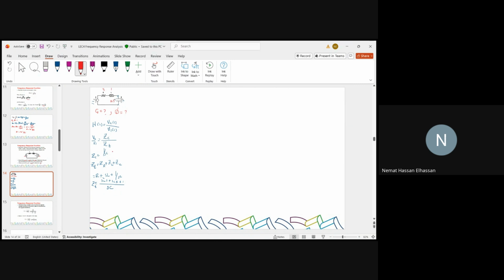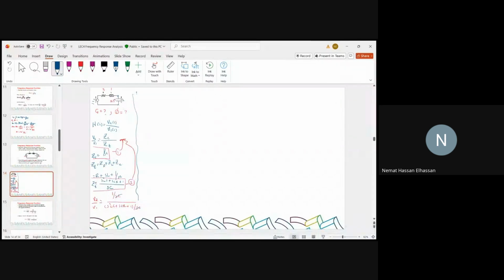We'll take this ZC and this Z total and substitute them here. So we'll get V2 over V1 is equal to ZC, which is 1 over SC, divided by Z total, which we get from here, S squared LC plus SCR plus 1 all divided by SC. These two cancel each other out.